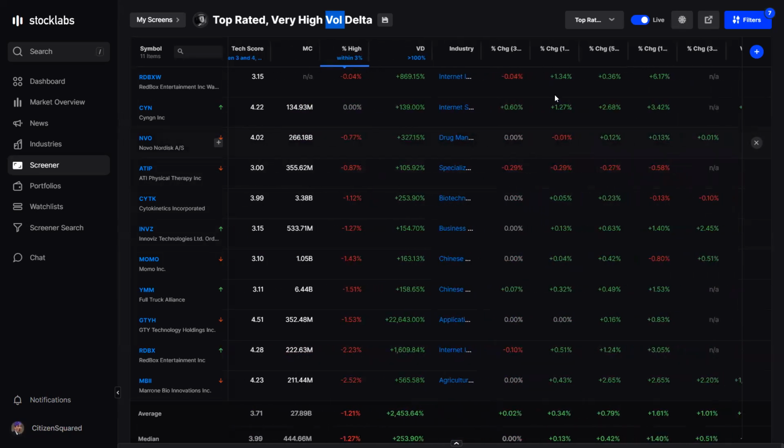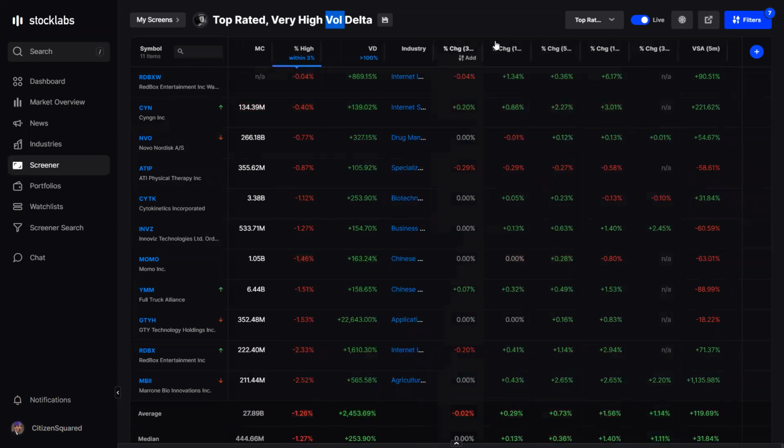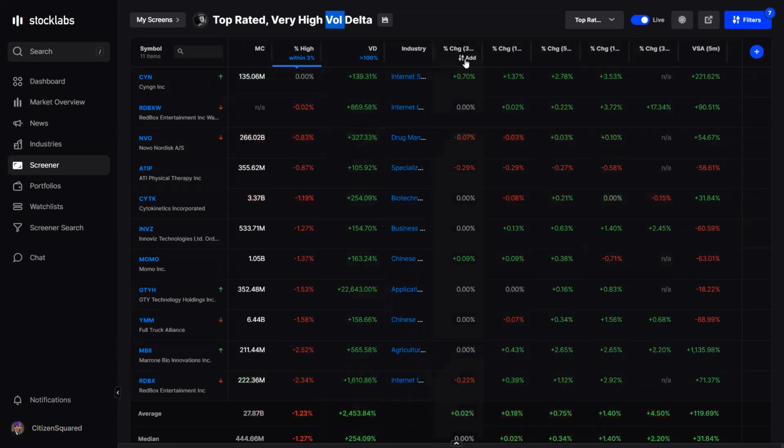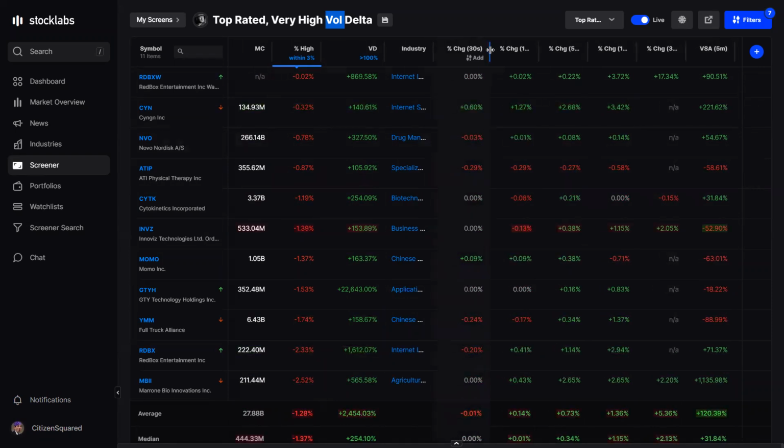Let me see these other ones. Okay, these other columns are on here, but you can see since there's no blue on it, it's not being used as a filter. It's just here as data. This percent change is the change in the stock over the designated time period.